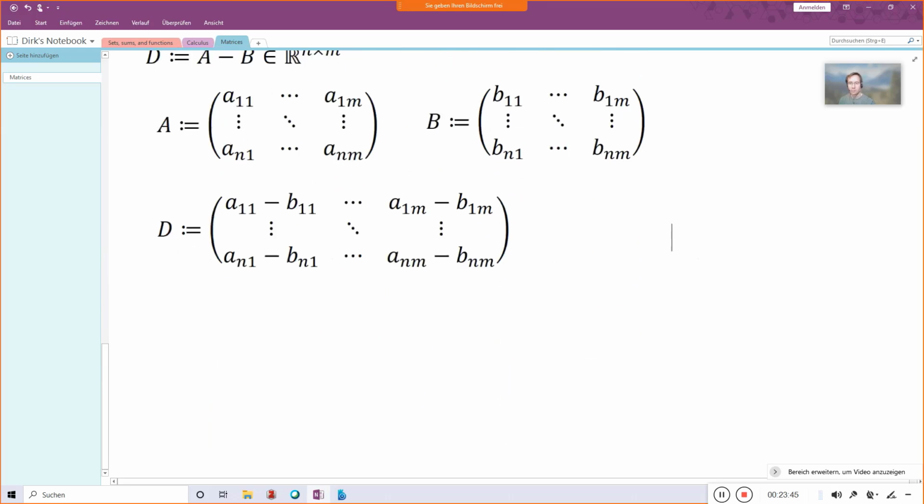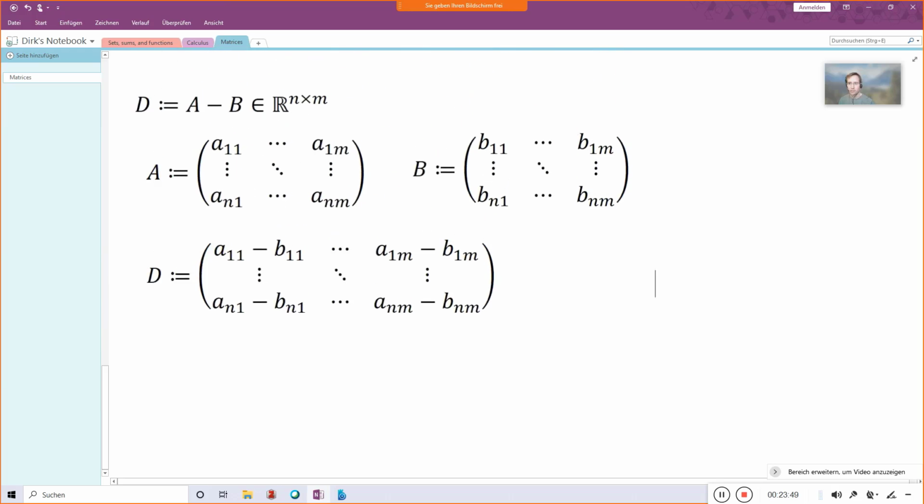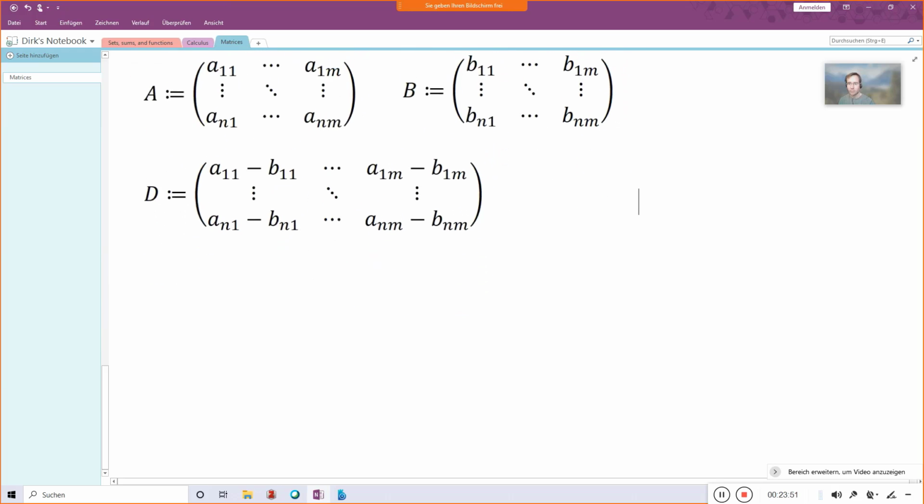That's also fairly straightforward. One more thing that's also straightforward is scalar multiplication.